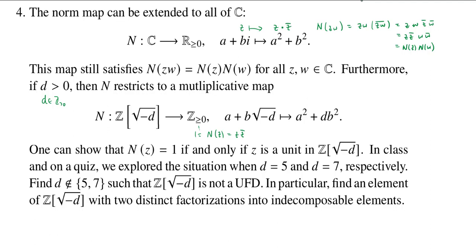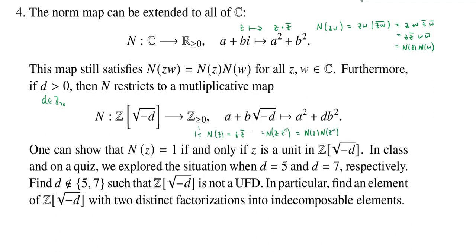On the other hand, if I know that z is invertible, then I'd be able to say that N of z times z inverse is going to equal N of z times N of z inverse.